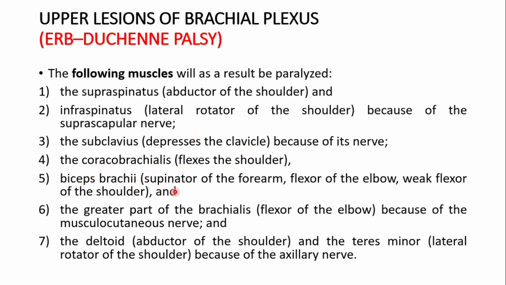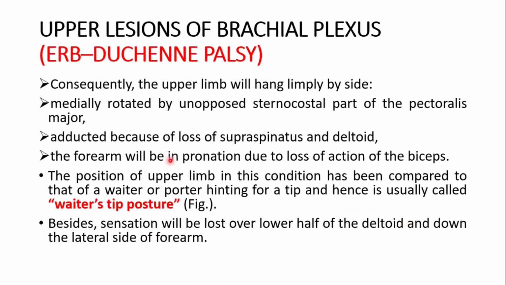Biceps brachii is supinator of the forearm, flexor of the elbow, weak flexor of the shoulder. These are three actions of the biceps brachii. The greater part of the brachialis, which is the flexor of the elbow, because of the musculocutaneous nerve palsy. The deltoid, which is the abductor of the shoulder, and the teres minor, which is the lateral rotator of the shoulder, because of the injury to the axillary nerve.